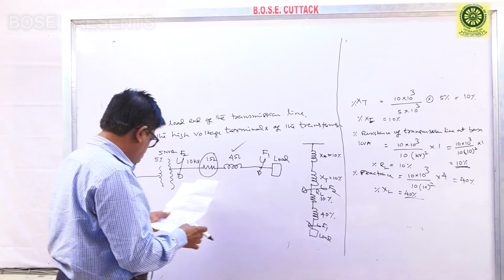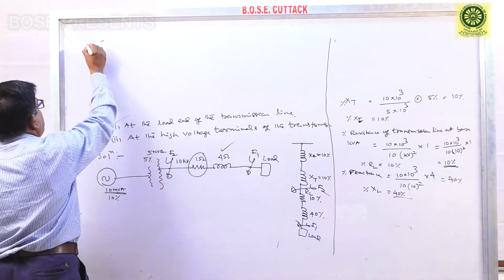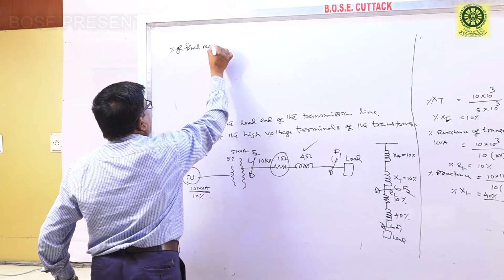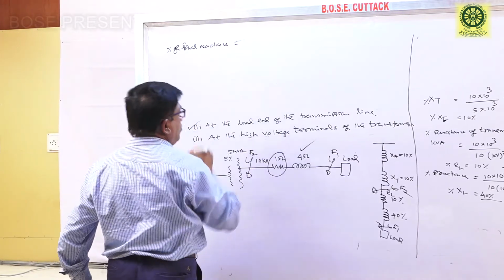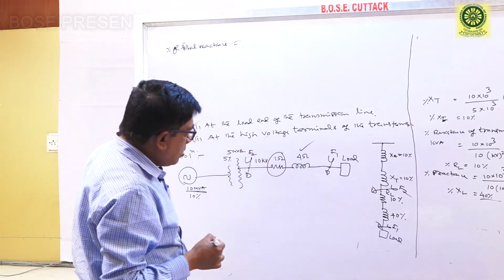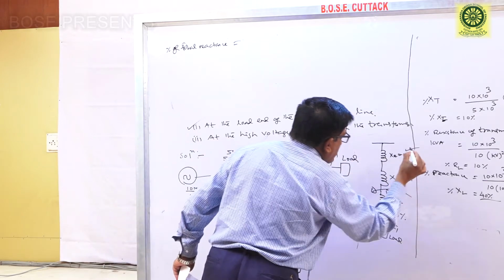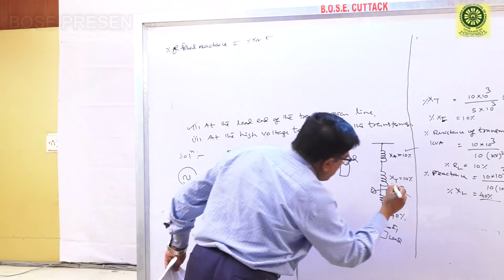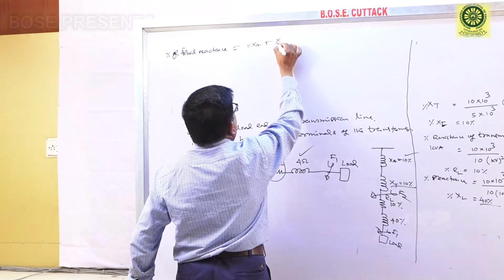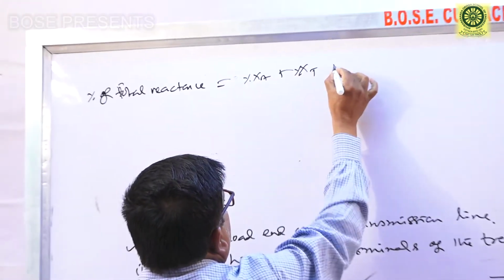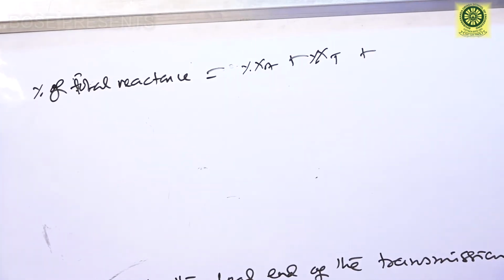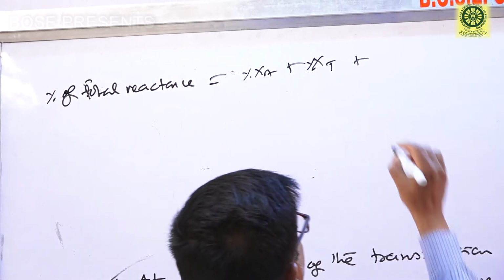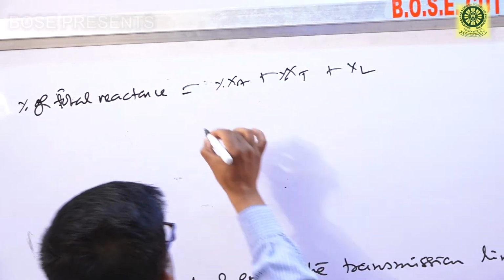Total reactance is equal to percentage of total reactance, which is percentage of XA plus percentage of XT plus percentage of the transmission line reactance, XL.